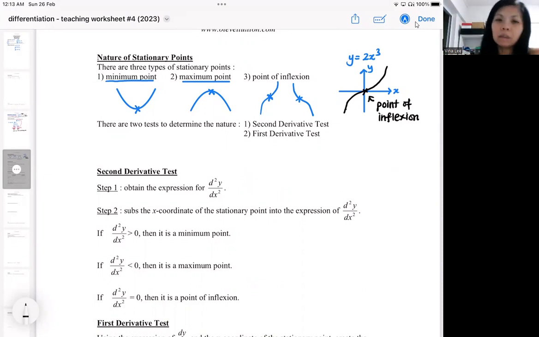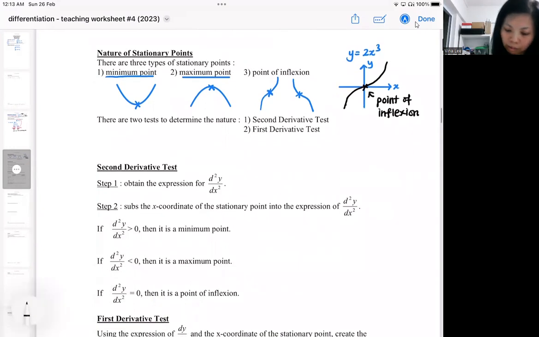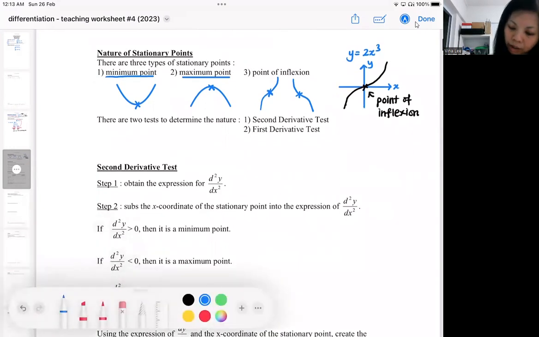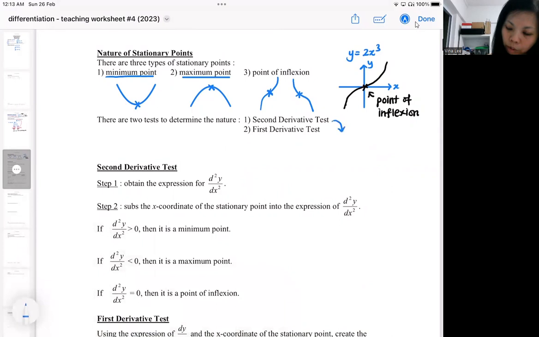If we would like to determine the nature, we have two types of tests to use. We can use the second derivative test, meaning I will use the formula for the second derivative. Sometimes we'll be using the first derivative test.